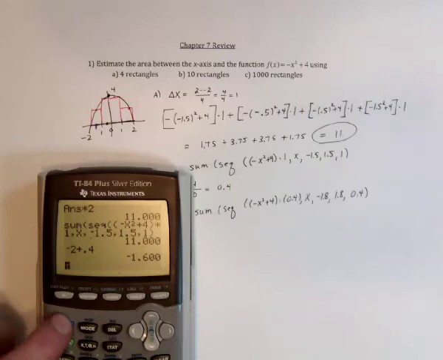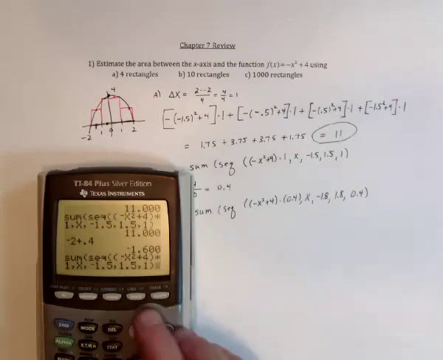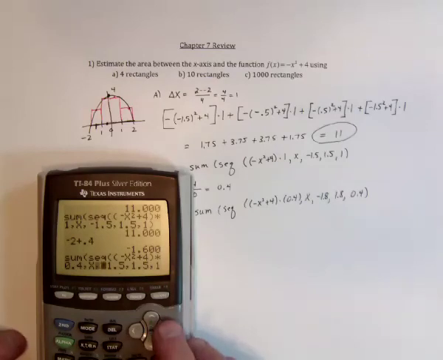I don't feel like typing it in again, so I'll just press second enter until I get it back. The width needs to be 0.4, and then this changes to 1.8 and 1.8 and 0.4.